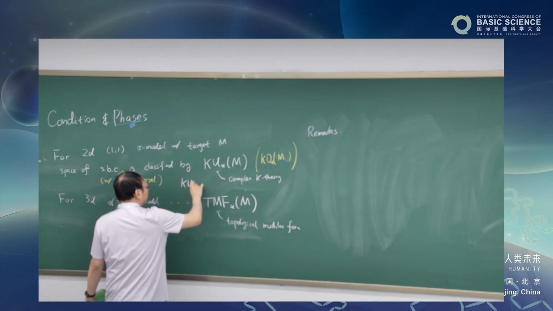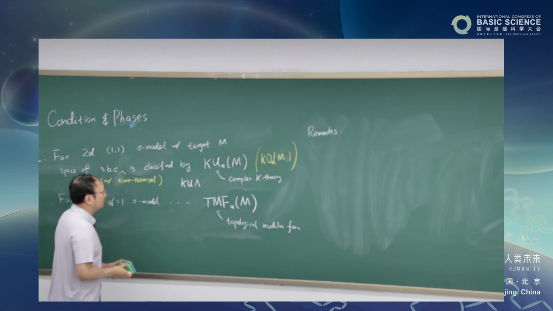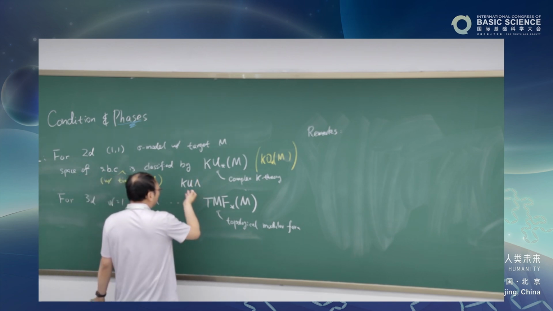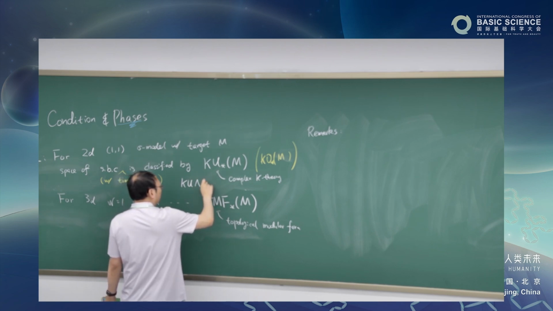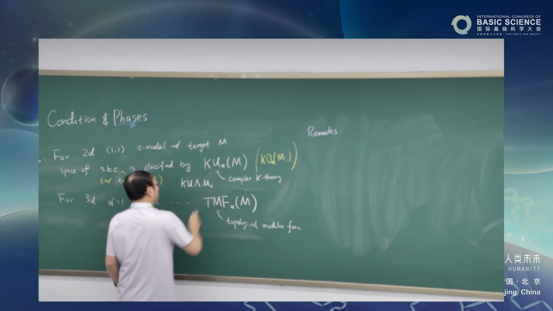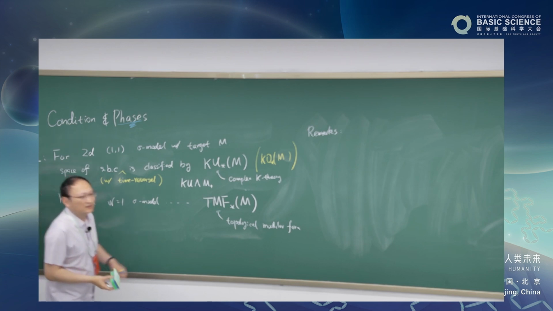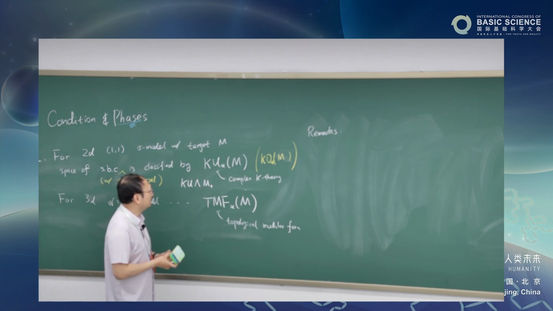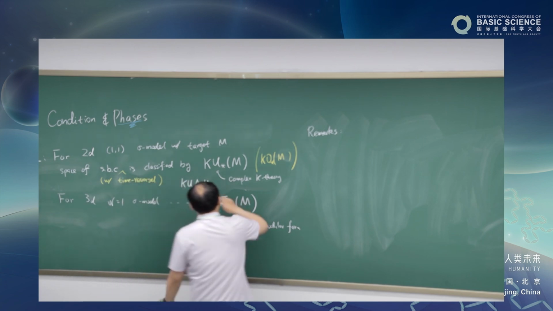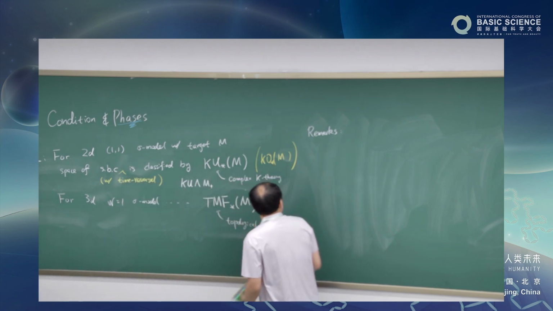There's a standard operation in generalized homology theory, regarding this as a homotopy group of KU smash product with M plus. M plus means M adding a disjoint base point. And similarly for all of those.